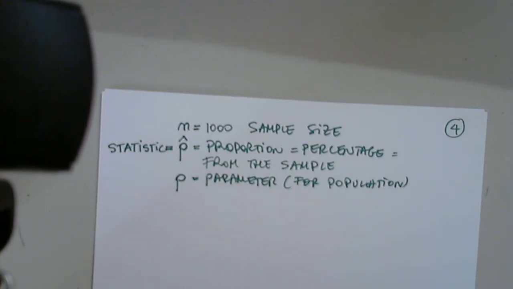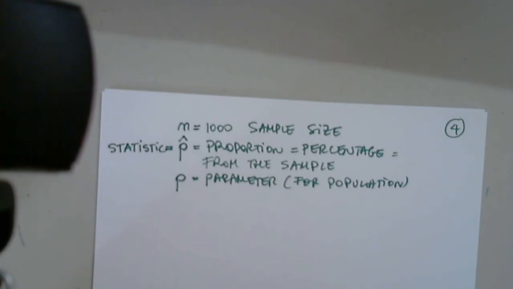So the population cannot be 1,000. The population is all the adults in the country. Correct, but not only those who favored breaking up the megabanks. No. The population is all the adults in the country. That part is correct. The sample is those adults who favored? No. The sample is not those adults who favored.